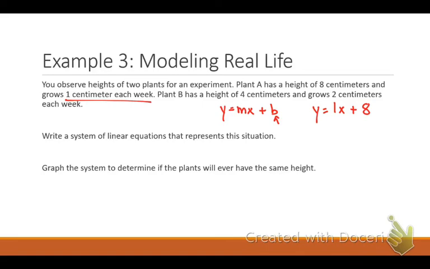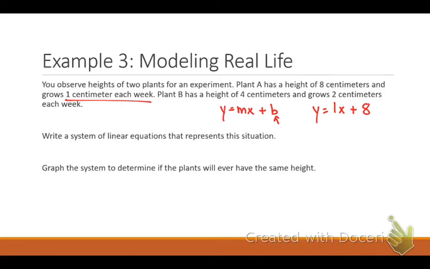So now I want you to write an equation right underneath that equation for plant B. We have the equation for plant A. Go ahead and write the equation for plant B. Anybody have what they think the equation is?